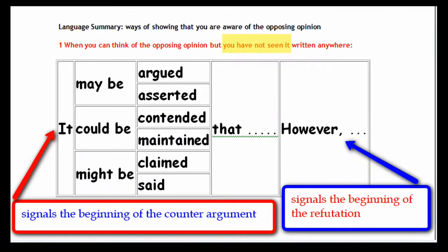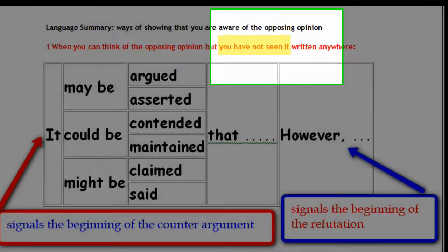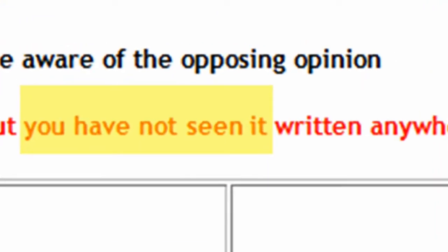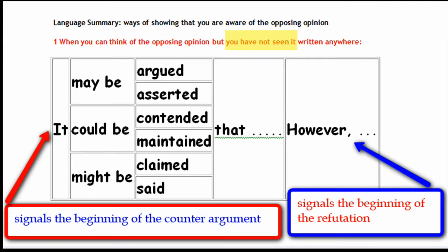But please remember, we use these transition signals only when you can think of the opposing opinion or the counter-argument, but you have not seen it written anywhere. Okay, in other words, these are the transition signals that you use when you haven't seen your arguments and ideas in a book or a journal or a newspaper or a magazine. They come from your own mind and thinking.